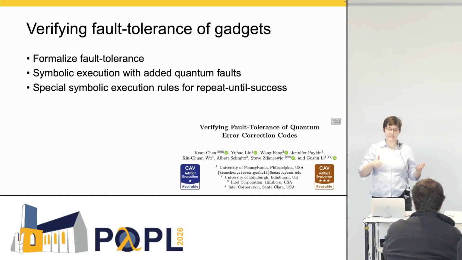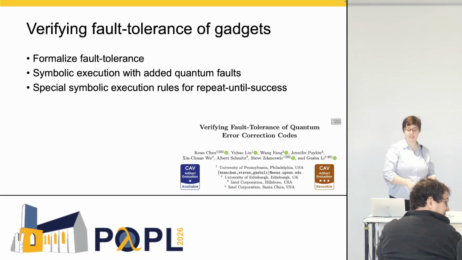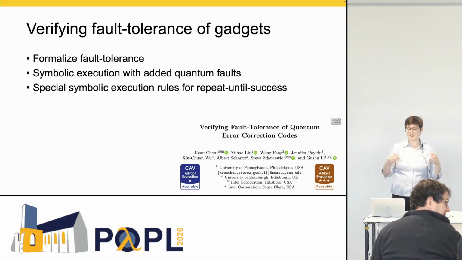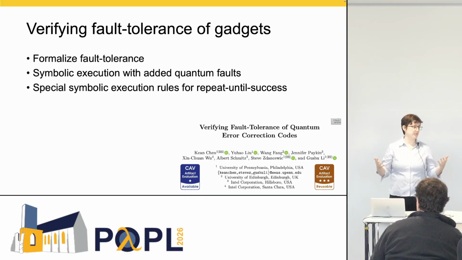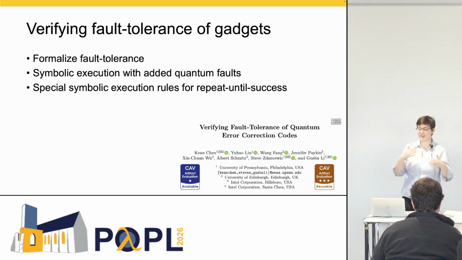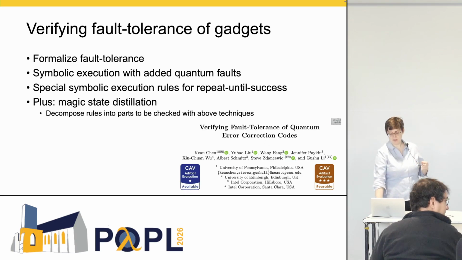The paper has special cases for symbolic execution rules for repeat until success. So you can't just unroll this loop, of course, indefinitely. So you need to have some kind of structure, some kind of guidance into what it means to symbolically execute a repeat until success loop.